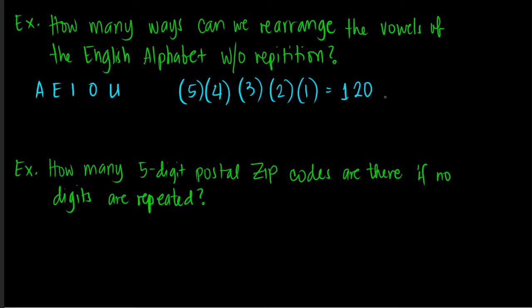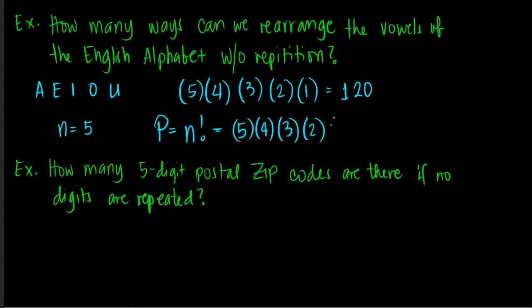But this is equivalent to permutation, which is equal to n factorial. Because remember, n is 5 elements, and n factorial is actually equal to 5 times 4 times 3 times 2 times 1, which will still give you 120.